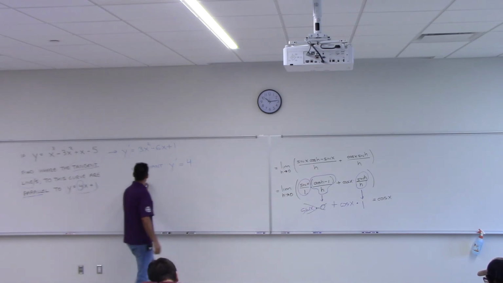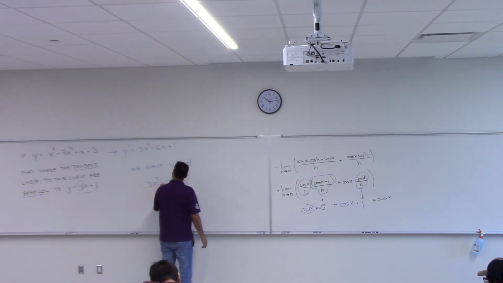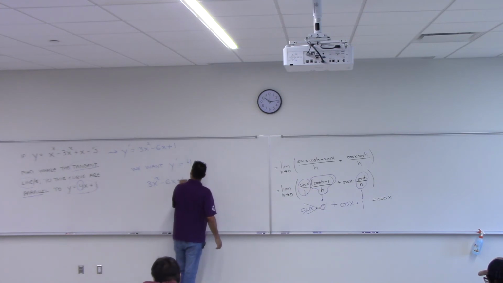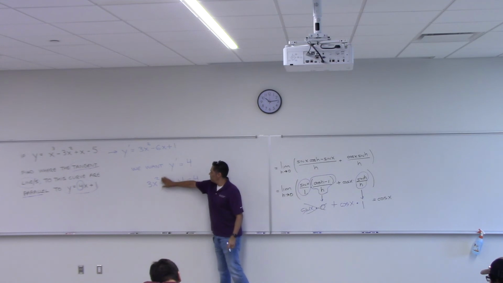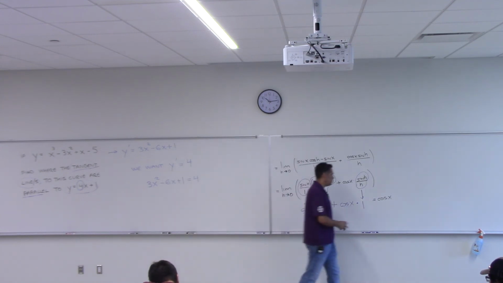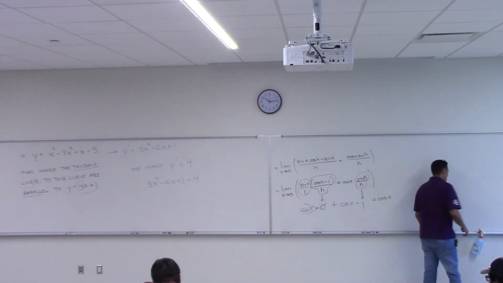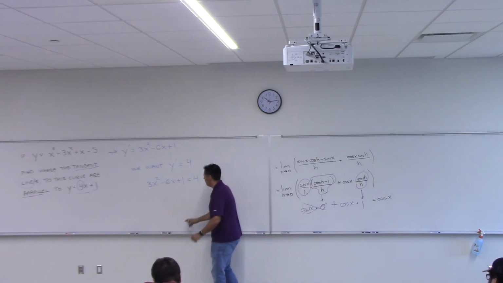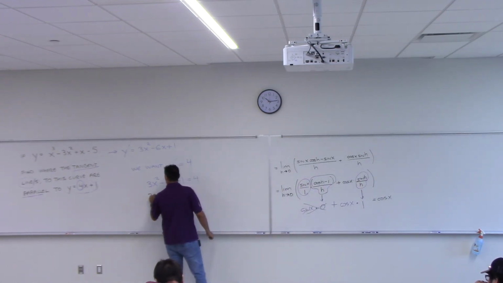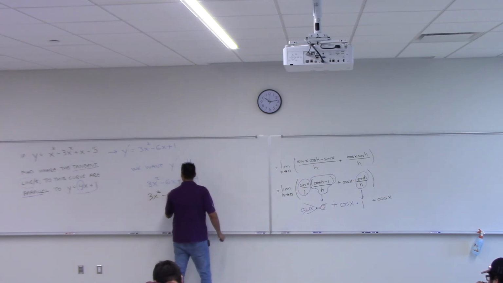And so set that equal to 4. And what type of equation is this? College algebra. What type of equation is that? Quadratic. Do you know how to solve a quadratic equation? Yeah. I hope so. You're in this class. You've solved them at some point in your life, right?